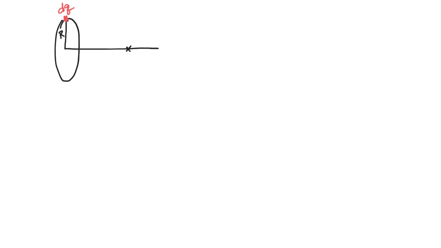We're going to draw our r vector from P to dQ, our position vector. And we're going to say that point P is a distance x away. I'm just following what I did in the slides.